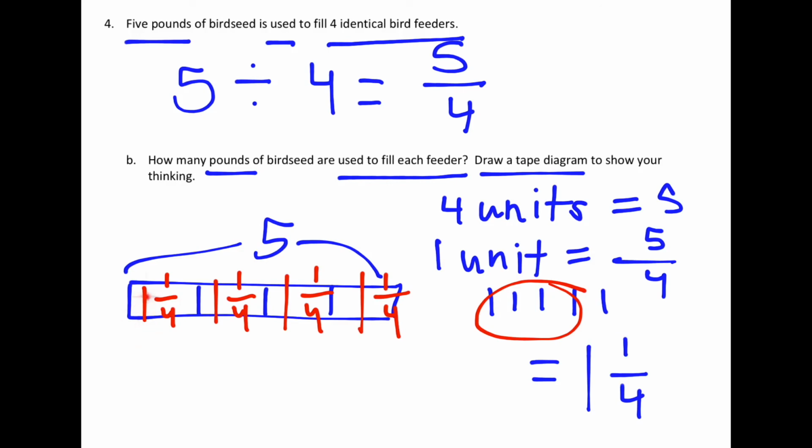So, each of these ones represents a whole number. So I have 1, 2, 3, 4. I already have 4. Let me mark it for you guys. I have 1, 2, 3, 4. So I have 4.